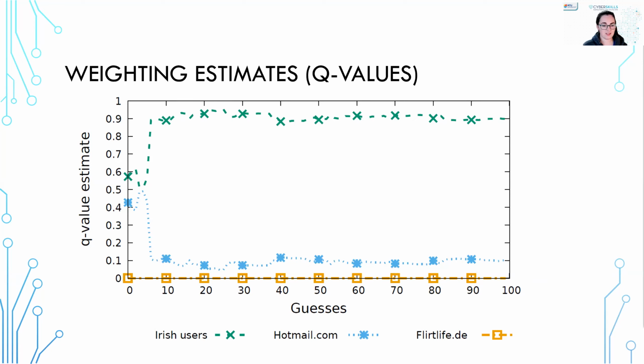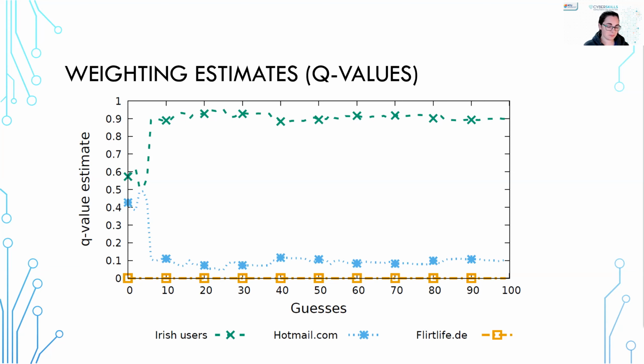And then we put in the hotmail.com users. So Hotmail, it's a .com website, so it is pretty international. And there's Flirt Life users who are Turkish and German users.